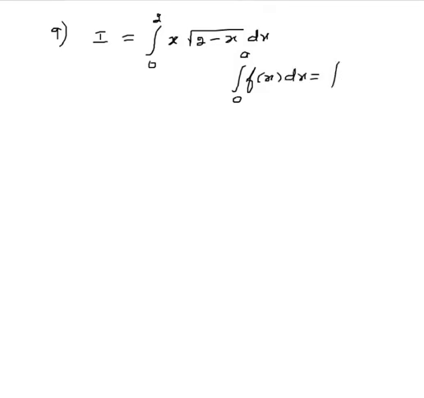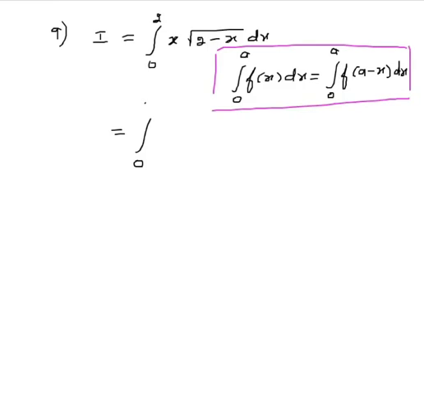Question number 9. Let it be I, which is integral 0 to 2 of x times root of 2 minus x dx. We will use the property integral 0 to a of f(x) dx is equal to integral 0 to a of f(a minus x) dx.